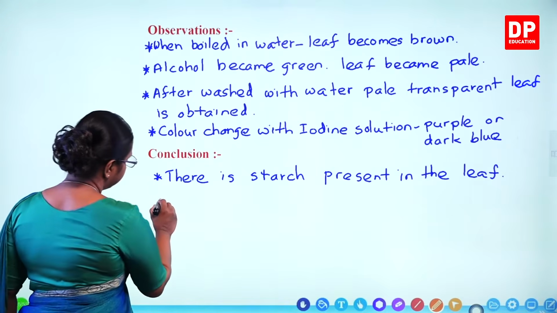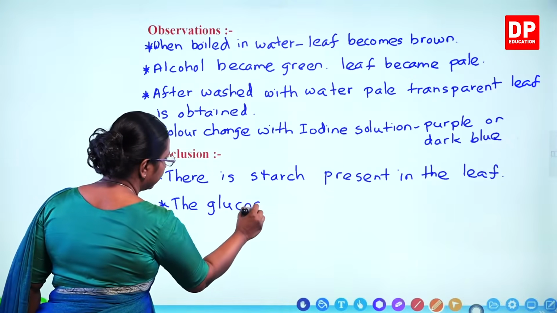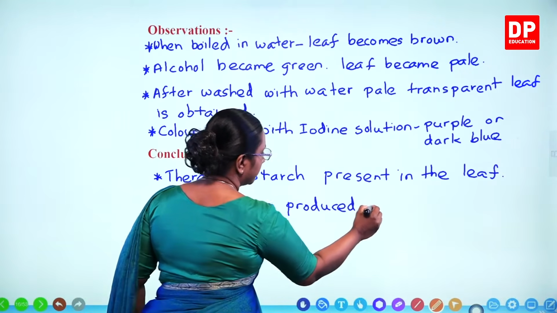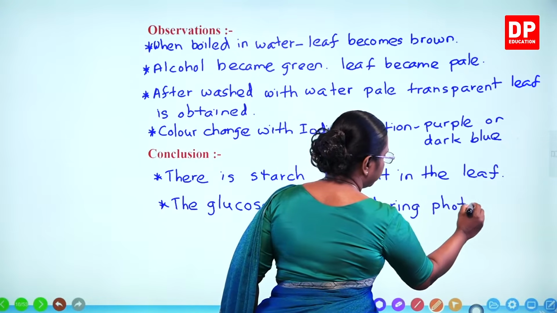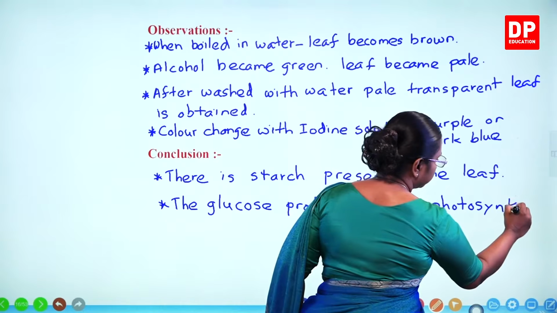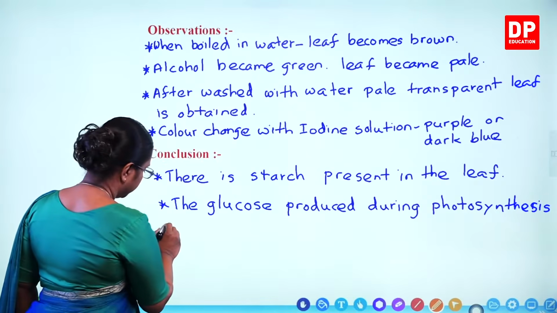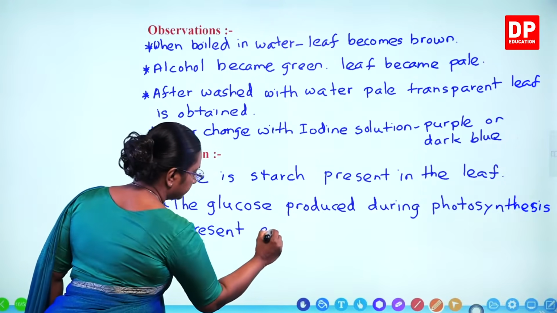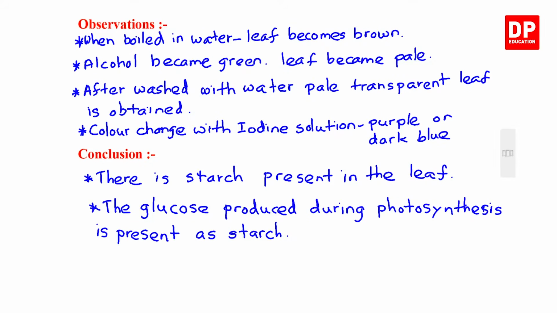So here we can say the glucose produced during photosynthesis is present as starch. So therefore we can confirm photosynthesis has taken place.